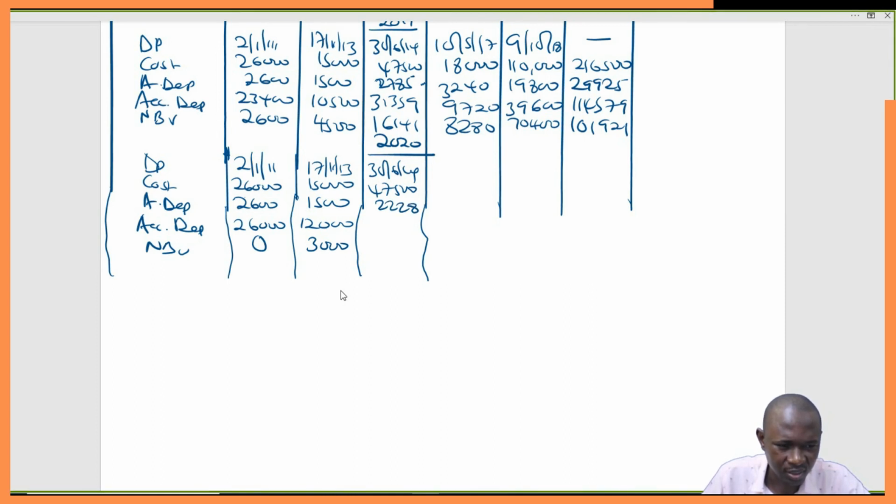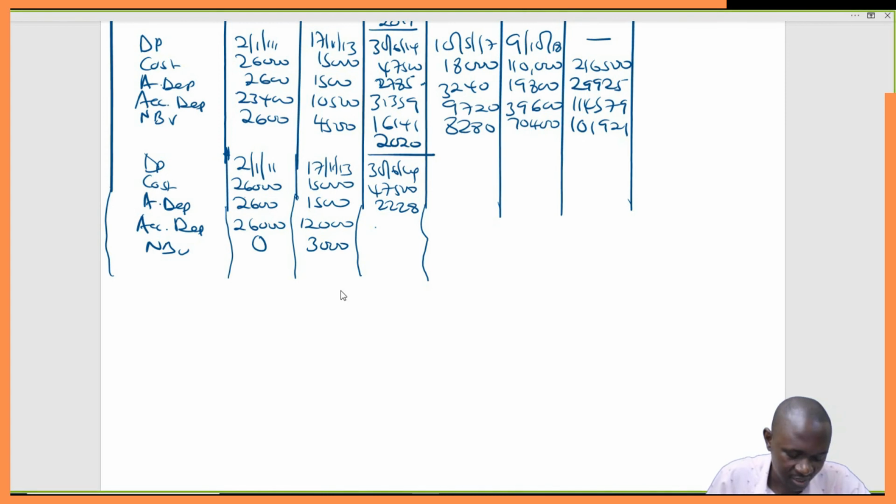And then accumulated depreciation. Accumulated depreciation will be 313.59 plus 22.28. That gives us, sorry, not gotten that one right. 313.59 plus 22.28.